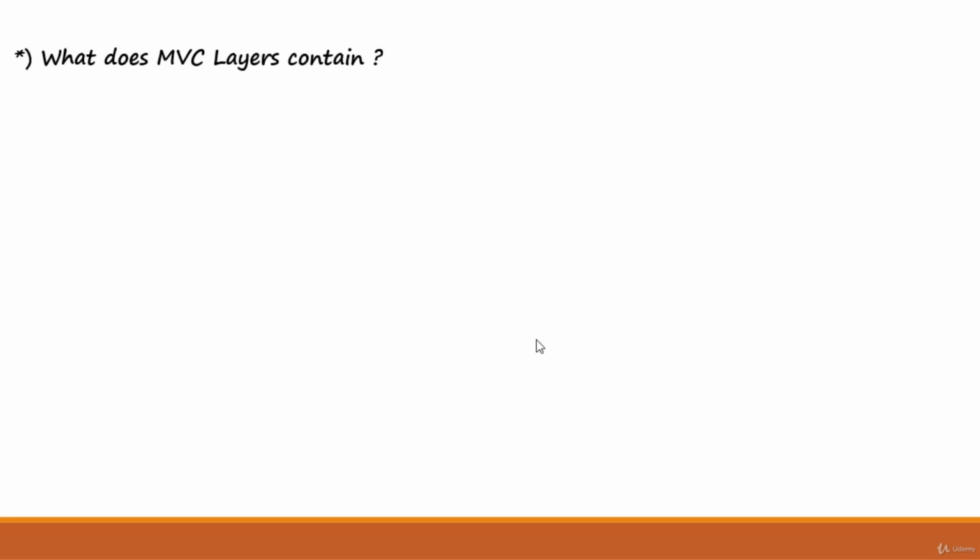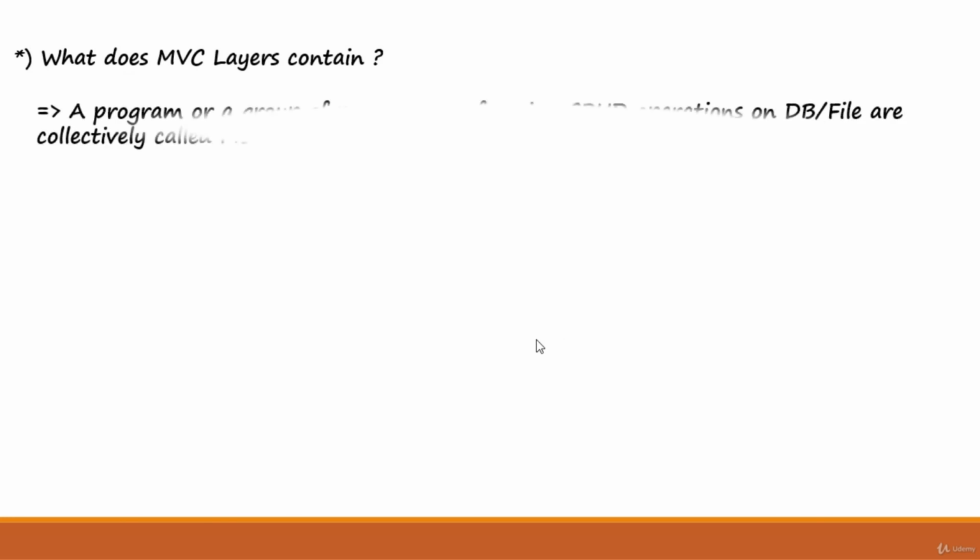What do MVC layers contain? A program or a group of programs performing CRUD operations on a database or file are collectively called the model layer. Just now we discussed persistence logic. Whatever we write using JDBC or Hibernate to write data to the database comes under the model layer.